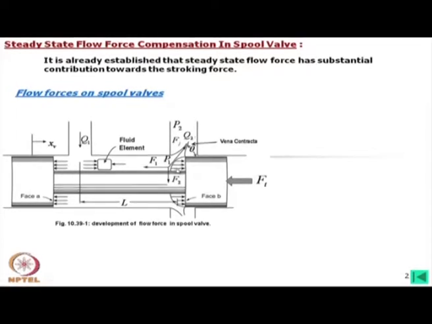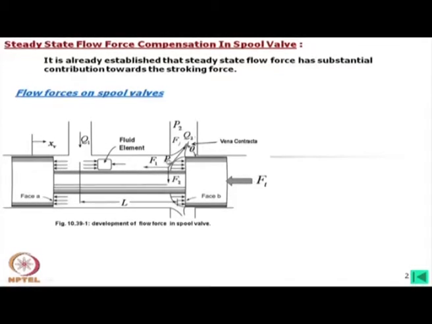Now, what is happening if we consider this spool? On that spool there is a force on this wall. This is the pressure force. Similarly, the same pressure force is in the opposite direction, on the opposite face of another land. Then these two will be balanced.